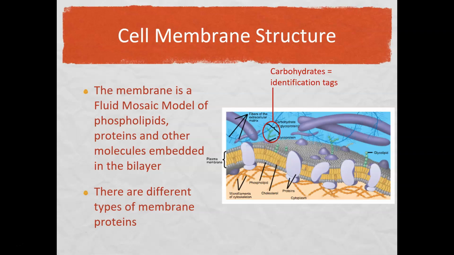Other ones that are important are things like these carbohydrates that are sticking off the exterior of that cell membrane, and most of those carbohydrates are used for identification tags. Remember that especially in multicellular organisms, your cells don't have brains, they don't have mouths, they don't have eyes, they don't have ears.